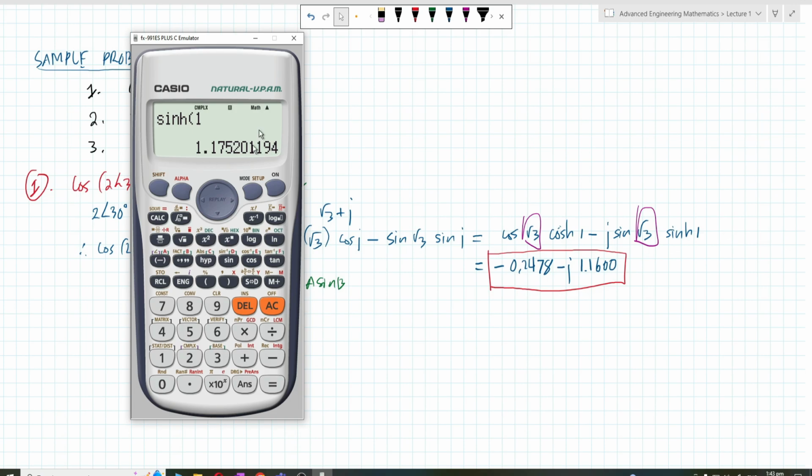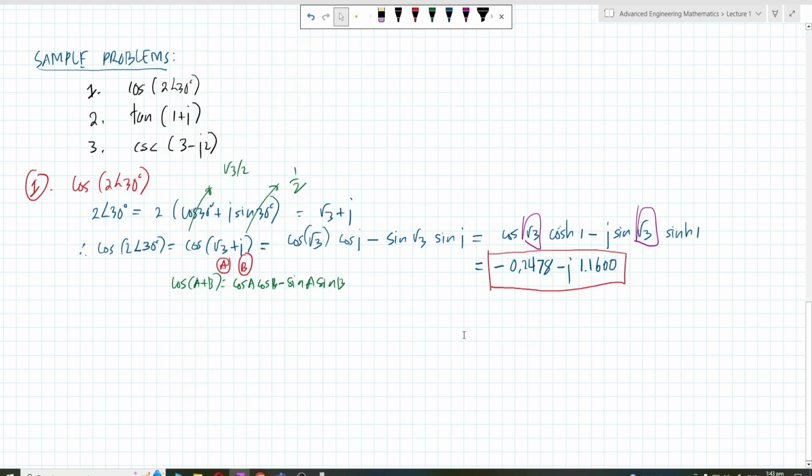Pero guys, yung sine of square root of 3, pag naka-radian, ito siya, and then pag naka-degree naman, ito siya. Magkakaroon ng malaking error. Kaya make sure na lang tayo, naka-radian mode. Pero pag hyperbolic lang, walang problema guys, mapa-degree or radian mode man. Nakuha ba?